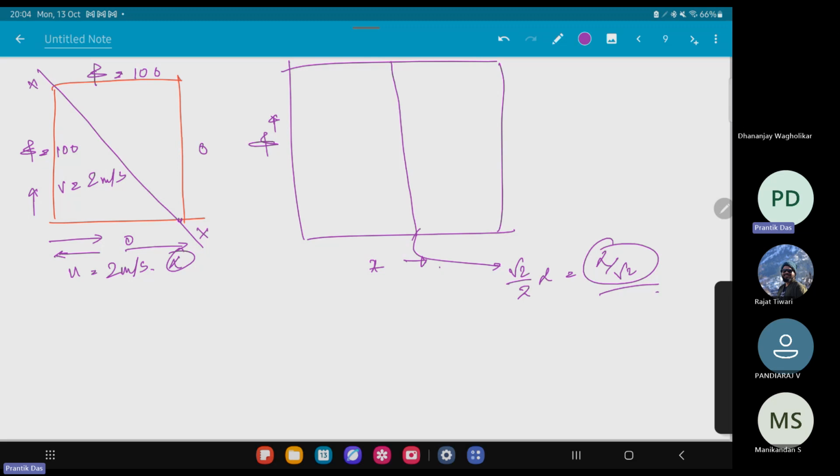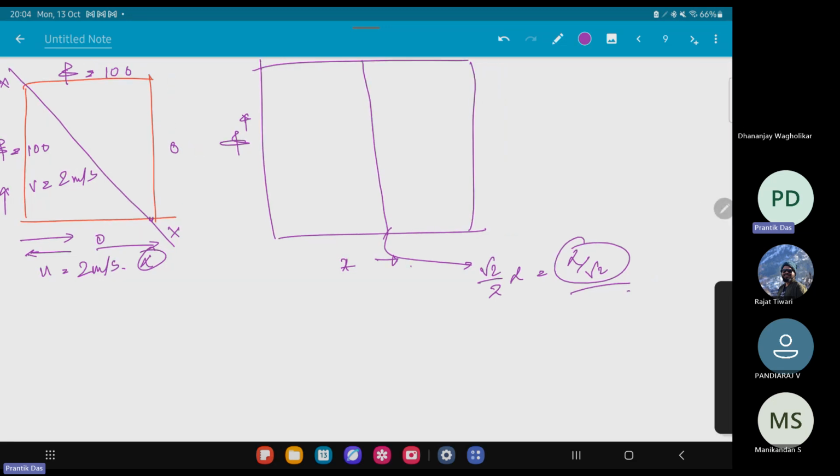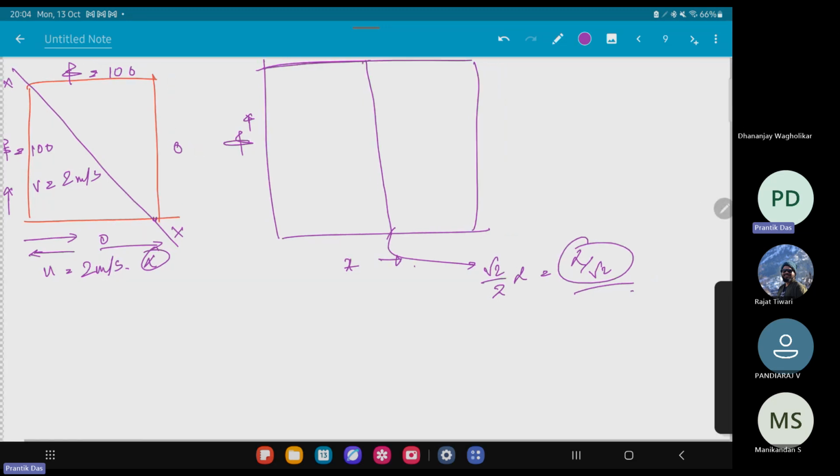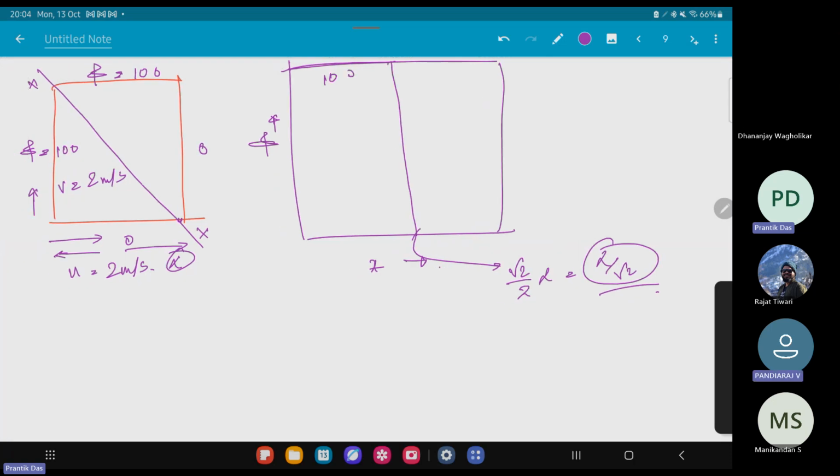The analytical solution should be 100 at the top, where the origin starts from here. So it should be 100, and when it intersects the other diagonal, the secondary diagonal itself, it drops to 0.